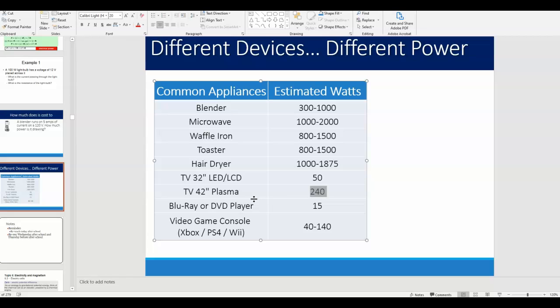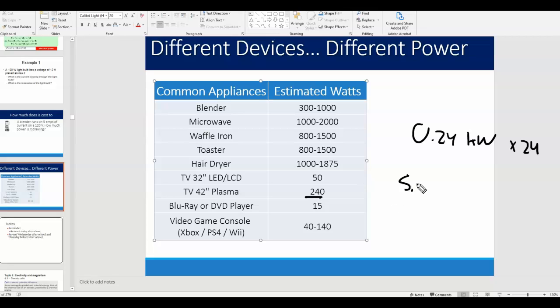So for example, if you keep your plasma TV on 24/7, let's say for 24 hours, that would be 0.24 kilowatts, because 240 watts is 0.24 kilowatts. And if you leave that on for 24 hours, let's see, I can't type numbers into a calculator.